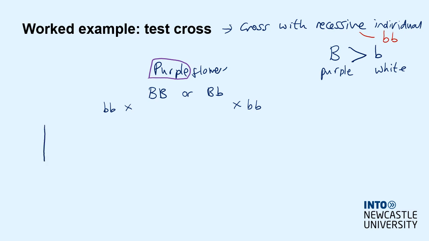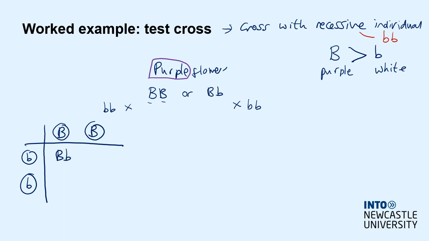So if we do this example first, we've got little b homozygous recessive gametes, and if our parent is homozygous dominant, then all the gametes will be big B. If we do the cross and look at the phenotype of the offspring, anything with a big B is going to be purple. That tells us that the offspring would be 100% purple.